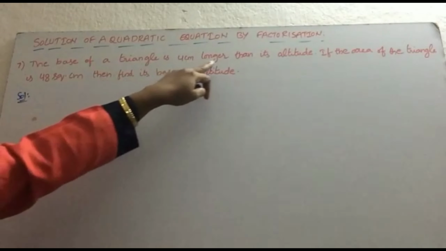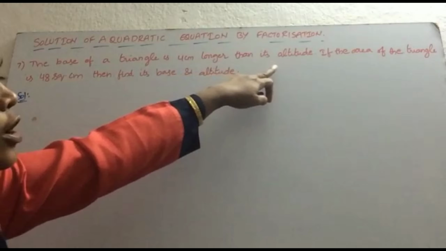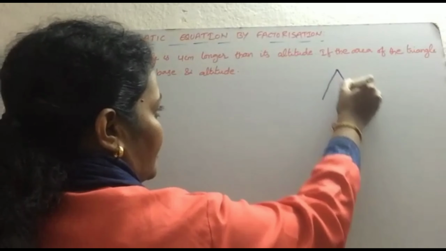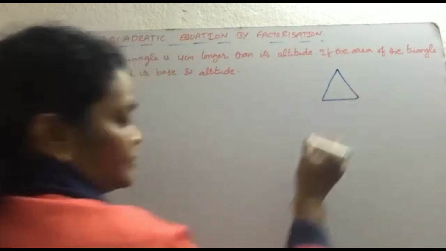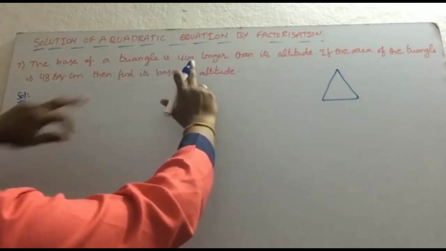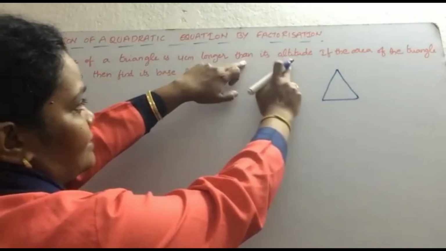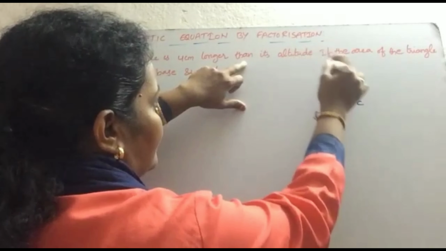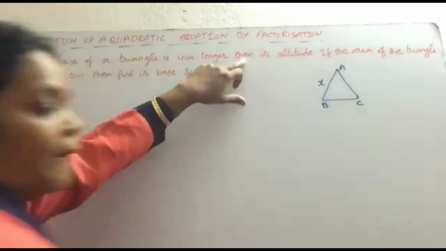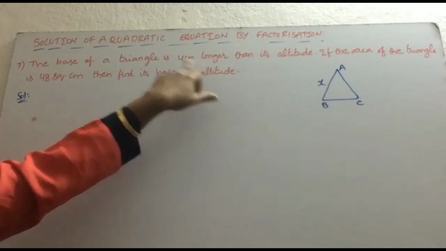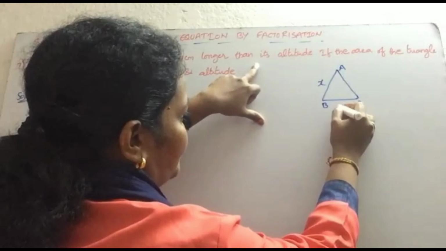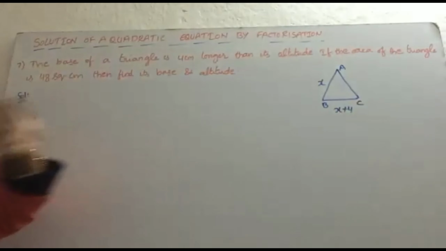Suppose I take the triangle ABC, with altitude AB equal to x. The base is 4 centimeters longer than that, so the base is x plus 4.